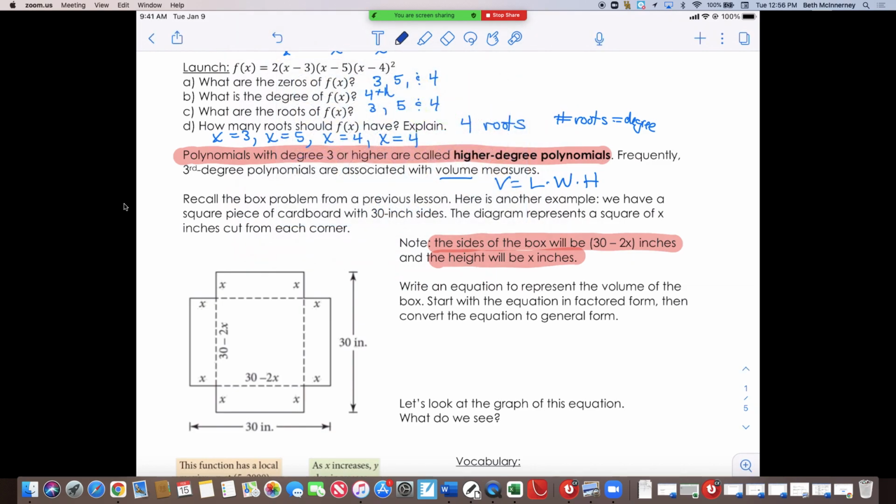So if I want to write an equation to represent the volume, I'm going to write 30 minus 2x times 30 minus 2x times x. This is called factored form.